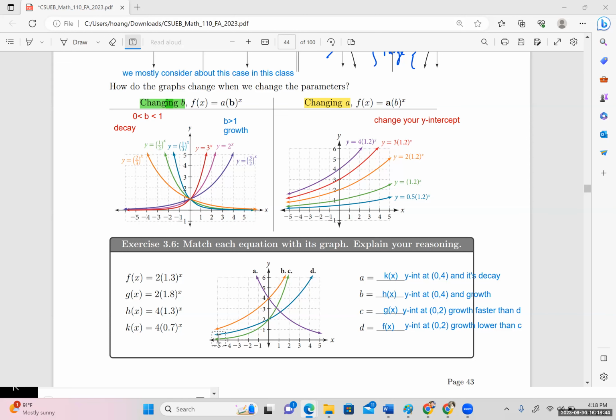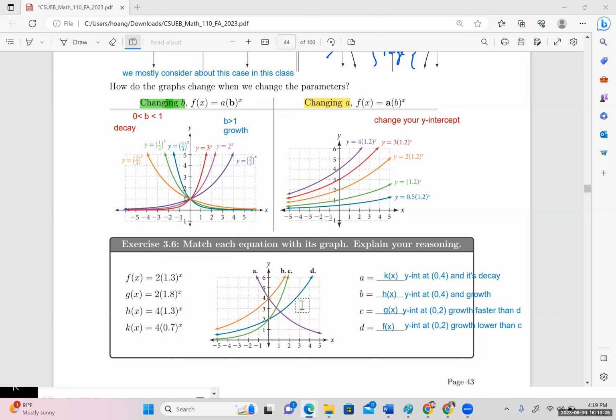For b it should be h of x, and I have the y-intercept at 4 and growth. As you see, we have 3 growth graphs, and this is the only one that has the y-intercept at 4 like a of 4 here.